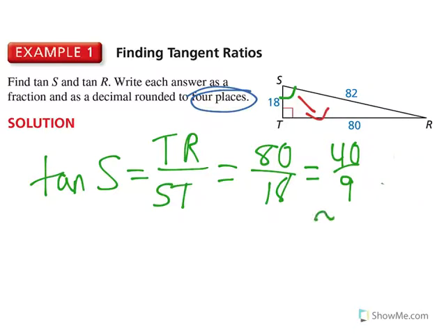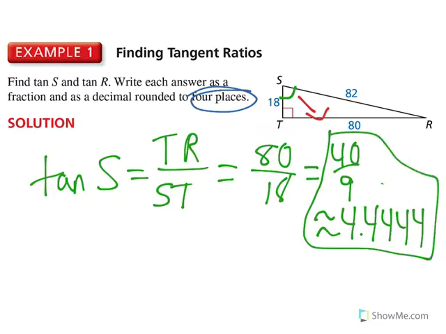It would be approximately 4.4444, 4 places. So we have our fraction answer here, and we have our decimal rounded to 4 places. Then we also need to find the tangent of angle R.